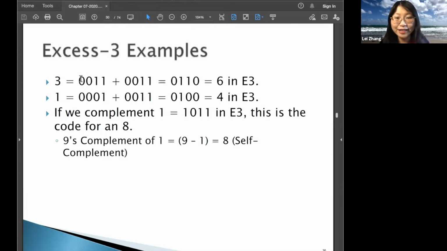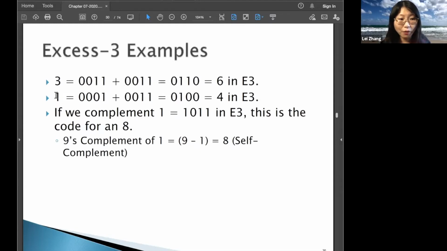If we write it down in binary or BCD code, binary coded decimal code, it is 0011. And if we want to generate the excess 3 example for this, we need to add this value with 0011. That gives us 0110, so this is 6 in excess 3.